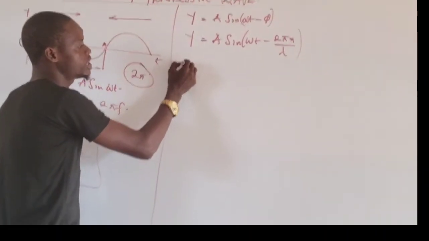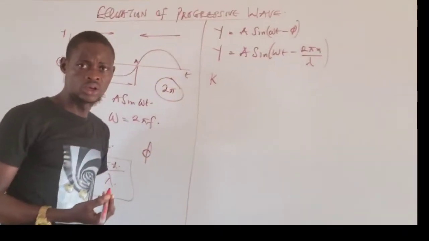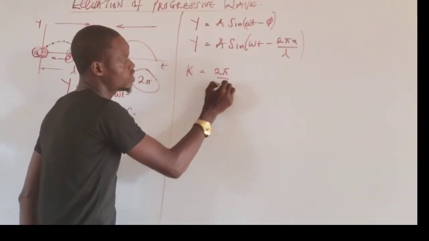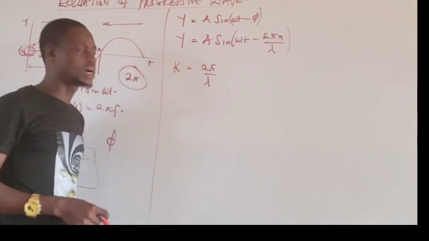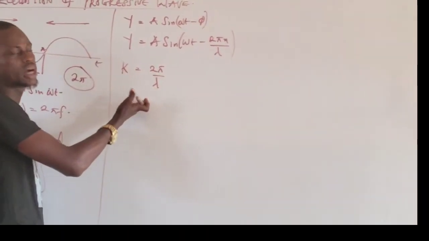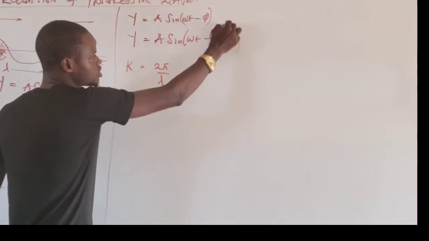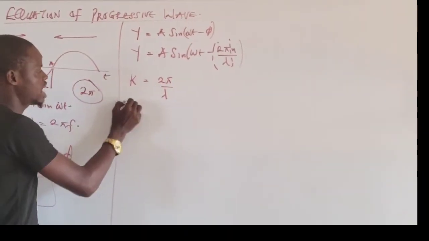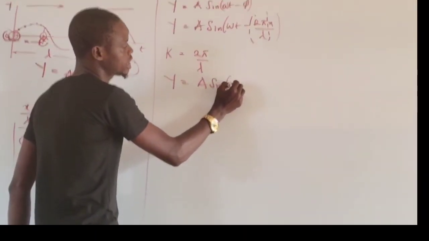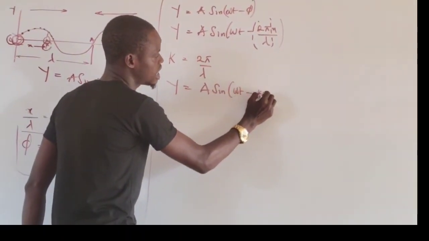Normally, the wave number of a wave is given as 2 pi over lambda. That is my wave number, and this lambda is your wavelength. Now I can substitute this wave number here, and I'll have y equals a sine (Wt minus kx).